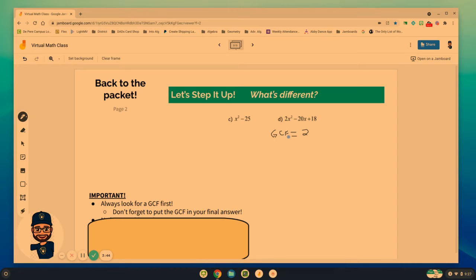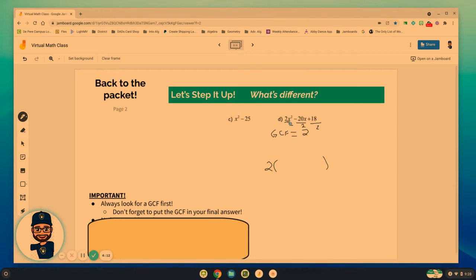The number 2 can go into all three of those. What we have to do is take that GCF out, and then we have to multiply by something to get back to this original problem, which means I really just divide each term by 2.